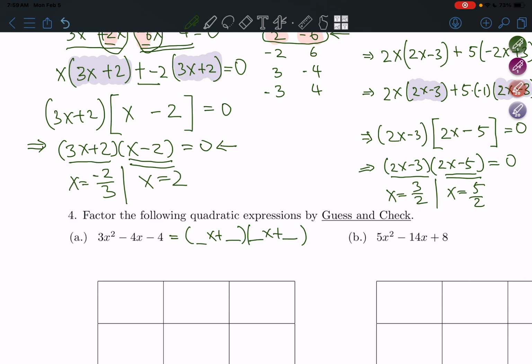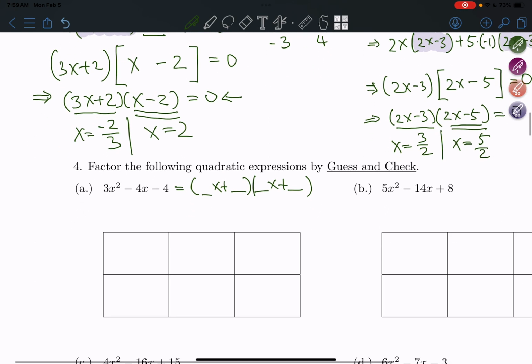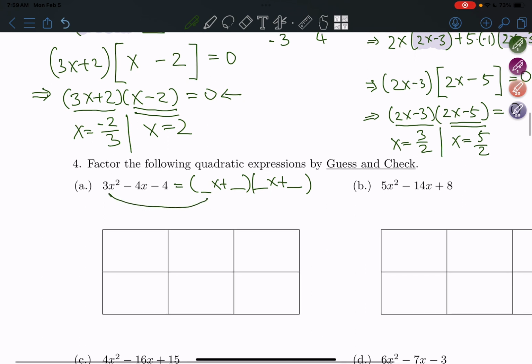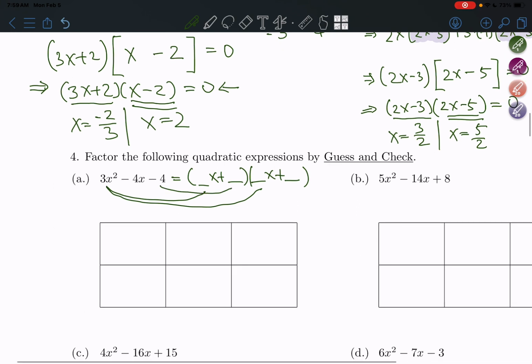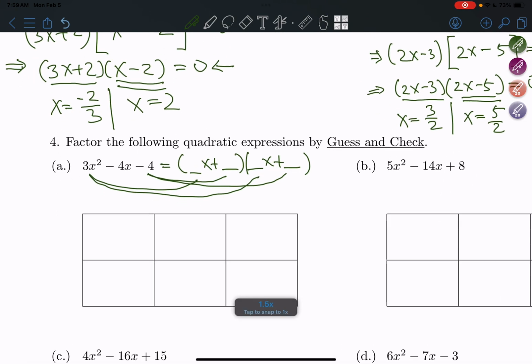Okay? And we can identify where these numbers are coming from. So the first two terms have to be factors of this 3x squared. And then the last two terms have to be the factors of that negative 4. These essentially come from the concept of foiling. Yeah, we know how foiling works.